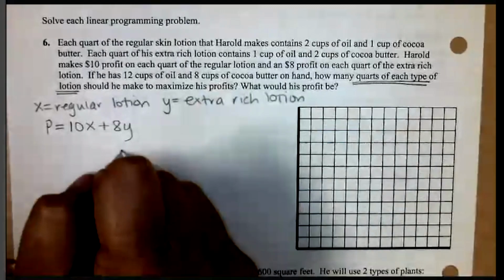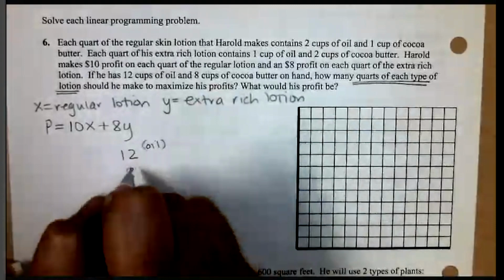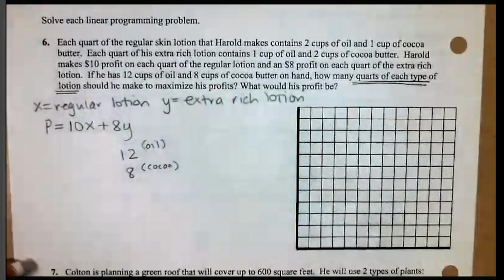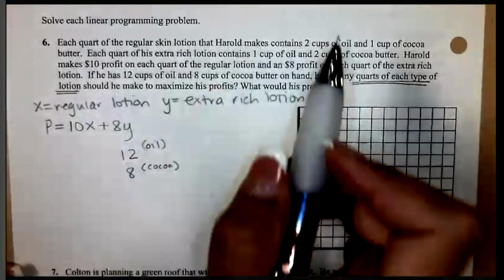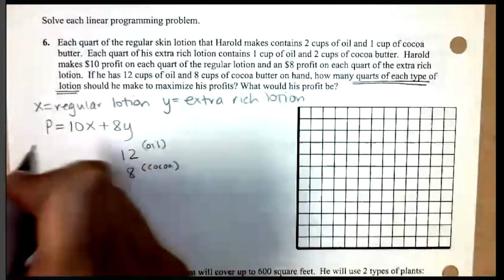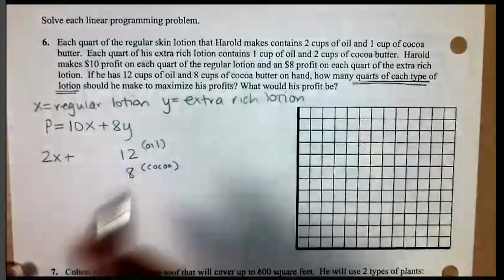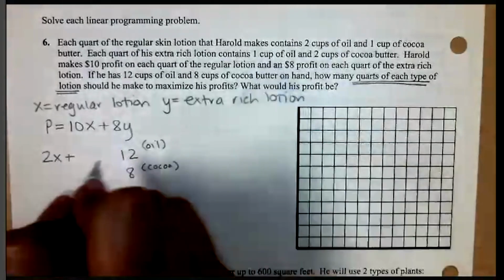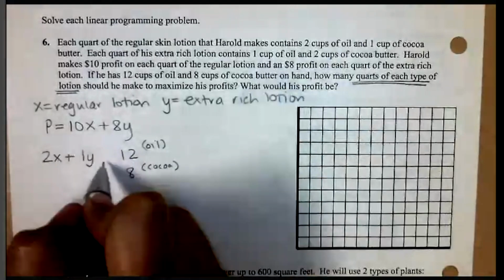So 12 cups of oil, this will be our oil constraint, and then this will be our cocoa butter constraint. So for the oil, the regular lotion says it takes 2 cups of oil. So 2 times our regular lotion. Our extra rich lotion says it takes 1 cup of oil. So 1 times each extra rich. Now we need to have an inequality here.